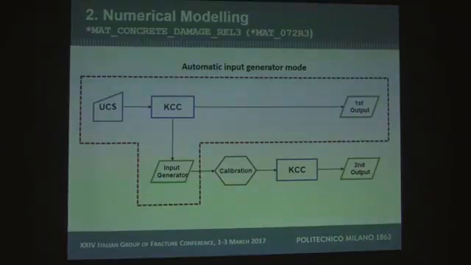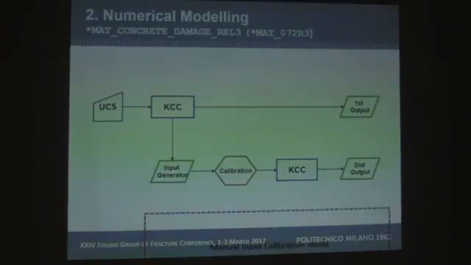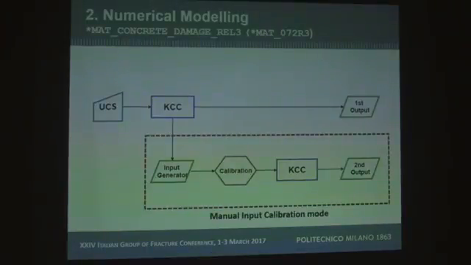However, at the same time, the KCC predicts all the other input parameters. So it's possible for a user to use those input parameters, calibrate some of them, and again put them in the KCC and run the simulation to get more precise results.